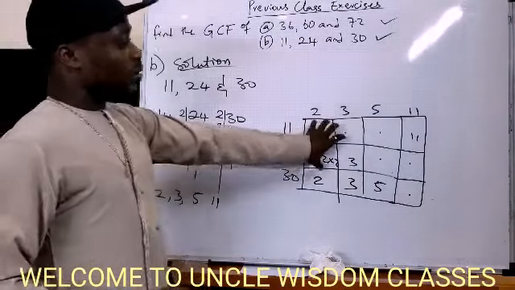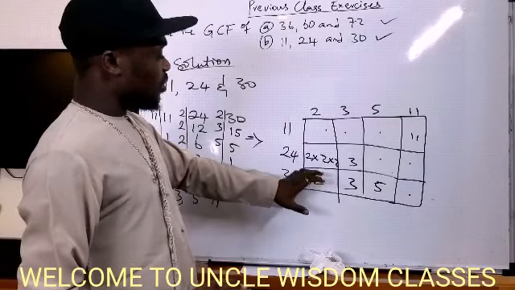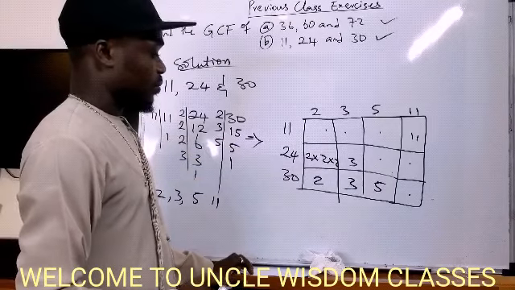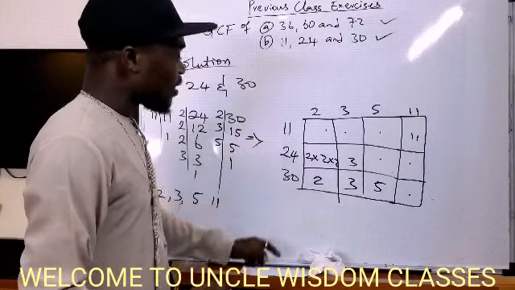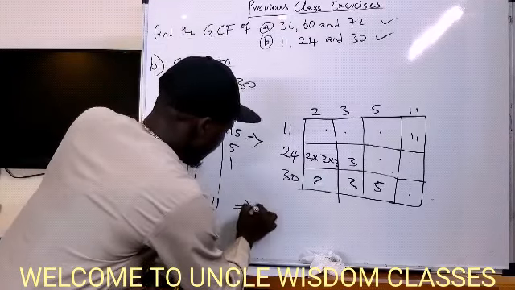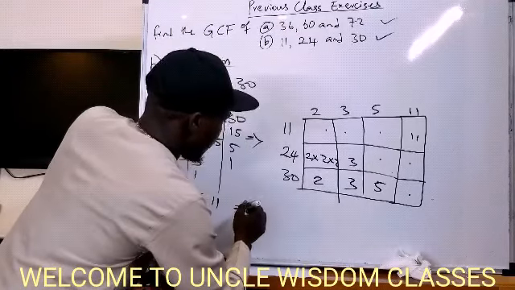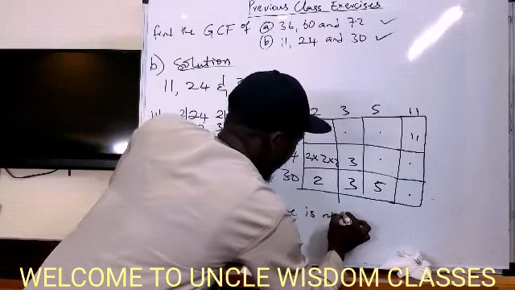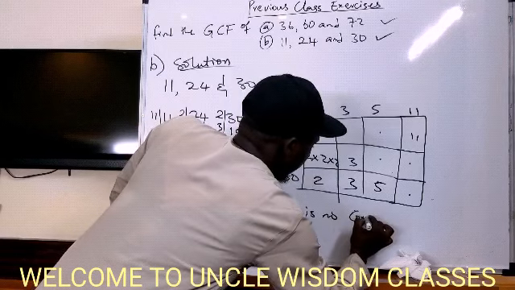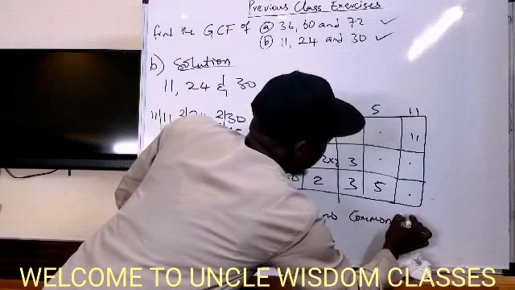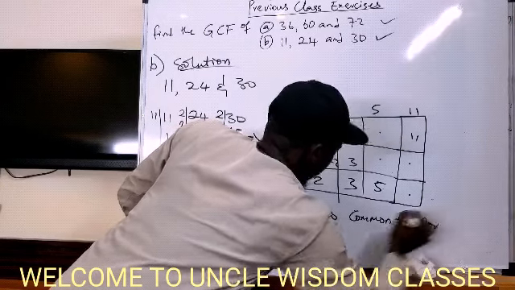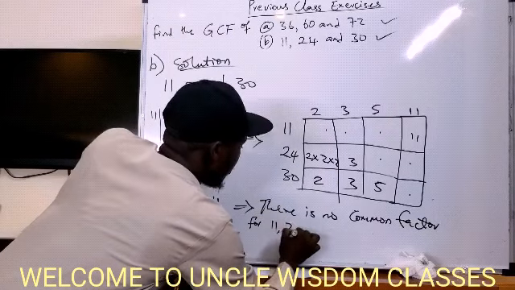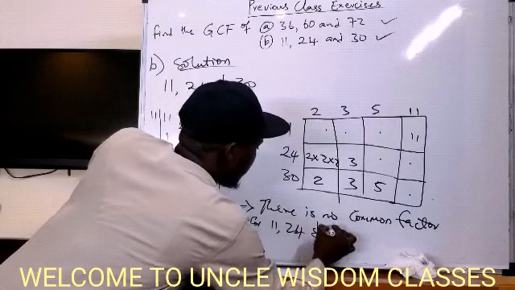So when you look at this board now, you find out that they don't have a common factor here. 11, 24, and 30, there is no common factor. Therefore, there is no common factor for 11, 24, and 30.